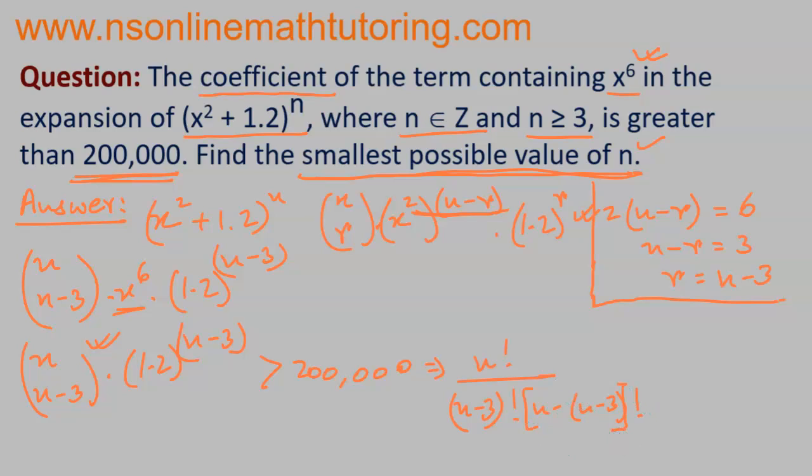And this is getting multiplied by 1.2 raised to the power of n minus 3. And this is greater than 200,000.